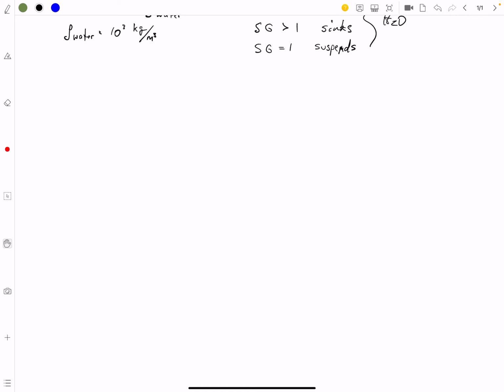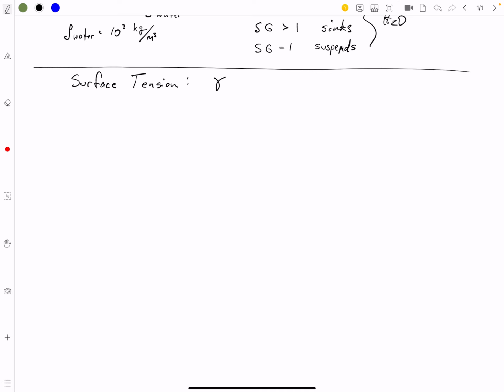So let's move forward here. We've got surface tension. The symbol for surface tension is gamma, and that's a force per length. So it's a Newton per meter in units.